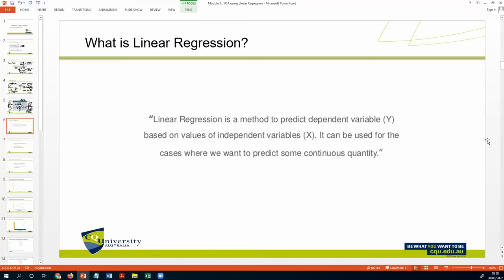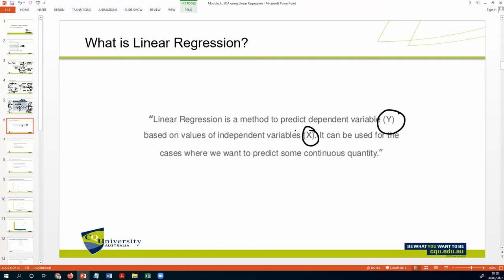So, linear regression is a method to predict a dependent variable based on the values of independent variables.